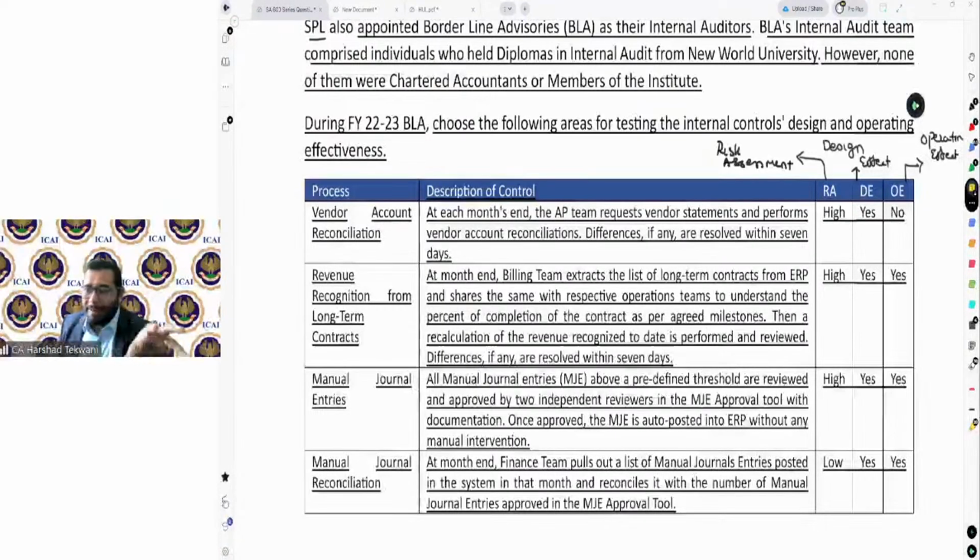Now, if you have seen my previous videos or lectures, or if you have read the study material, you will be able to answer this. Which are those 3 things that I need to consider before I can rely upon the work of internal audit? Be it any internal audit function.